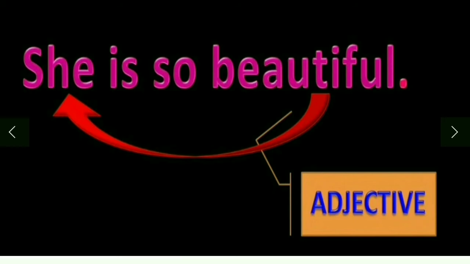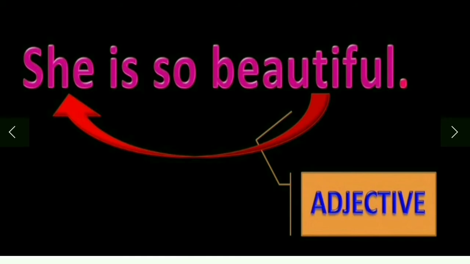Beautiful is the adjective. In the absence of our main verb, here is becomes the main verb. Here beautiful is the adjective of the pronoun word she. She is so beautiful as it qualifies the word she here. How is she?